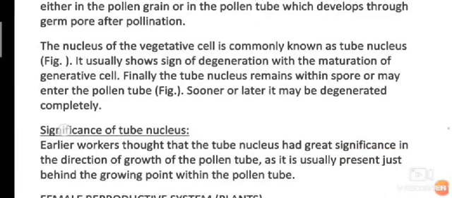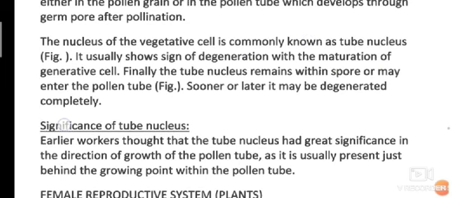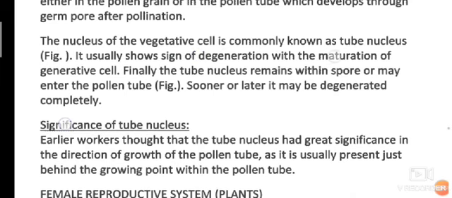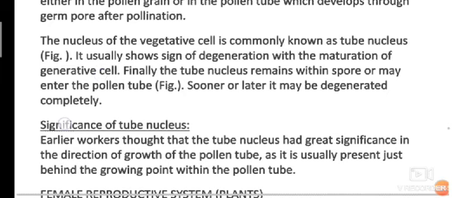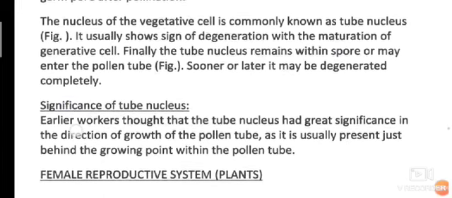The nucleus of the vegetative cell is commonly known as the tube nucleus. It usually shows signs of degeneration with the maturation of the generative cell. Finally, the tube nucleus remains within the spore or may enter the pollen tube.